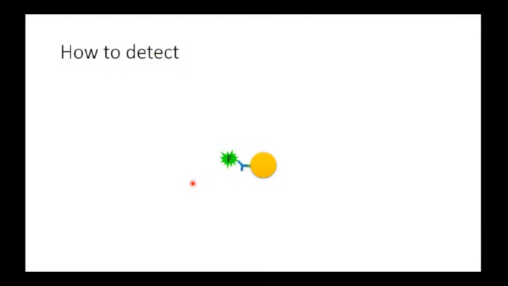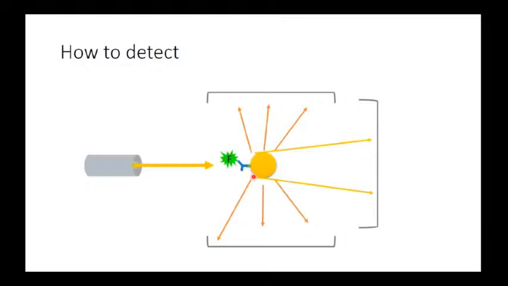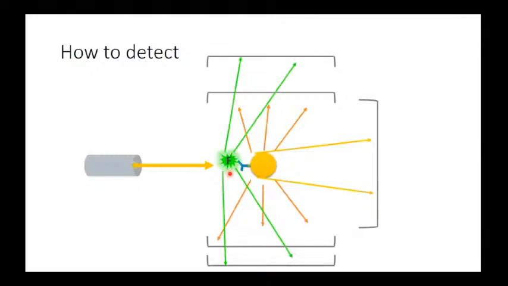Now, when the cell passes through the laser beam, first of all, this is the forward scattered light, which is detected by the forward scatter detector. The side scatter is detected by the side scatter detectors. And then when the fluorophore passes through the laser beam, it will be excited and emit light at a particular wavelength, which will be detected by the fluorophore detectors.